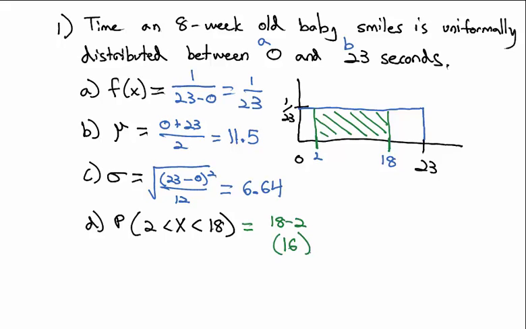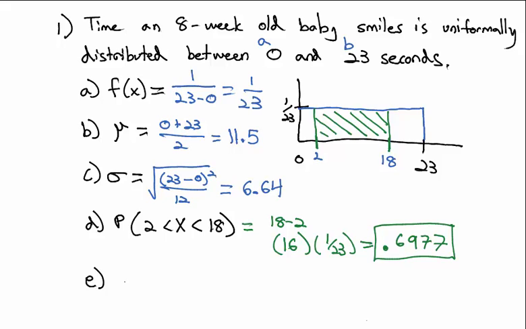The distance on the base is 16 times the height, which is 1 over 23. And when we do that on our calculator, we get a probability of 0.6957. So almost a 70% probability that a baby at 8 weeks old will smile between 2 and 18 seconds. Because probability is area.